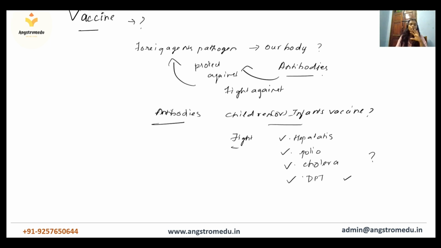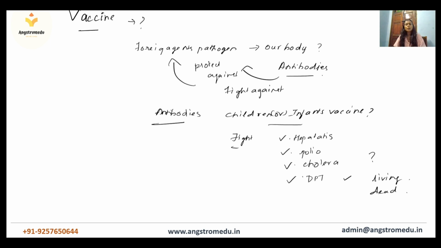In childhood or infancy itself, we take vaccines which provide antibodies to prevent the foreign pathogen which is going to enter our body or has already entered it. The pathogen in the vaccine might be in a living state or in a dead form.